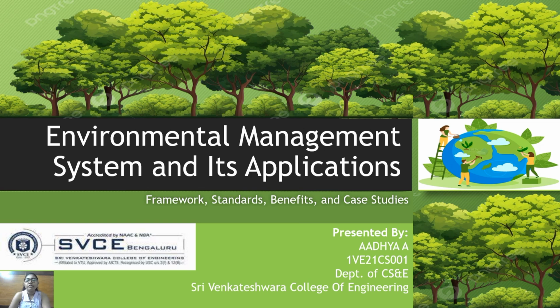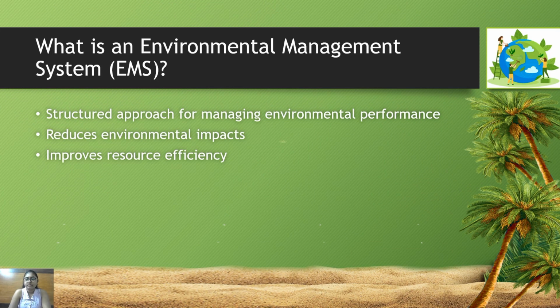Today I am going to give you all a presentation on Environmental Management System and its applications. What is an environmental management system? An environmental management system is a structured approach to managing environmental performance, reducing environmental impacts, and improving resource efficiency.